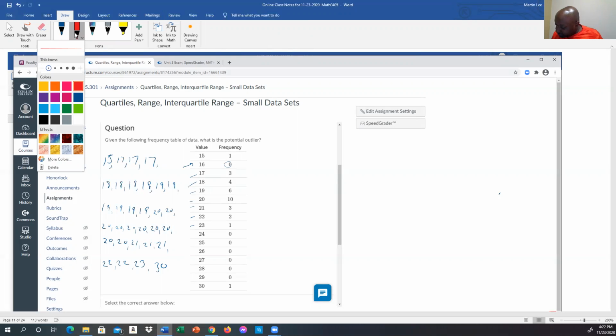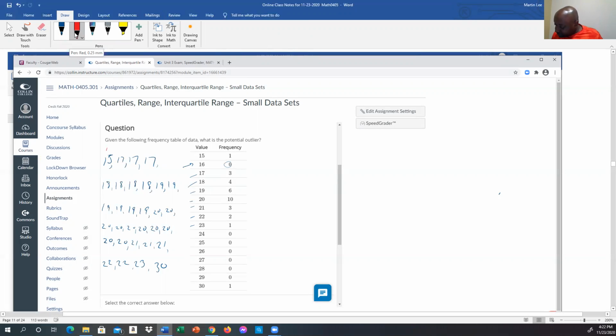So 15 is our first number in this data set, then the second, and I'll just keep labeling this way.